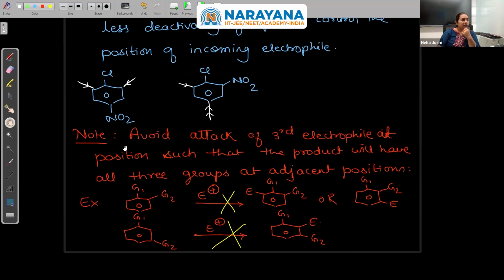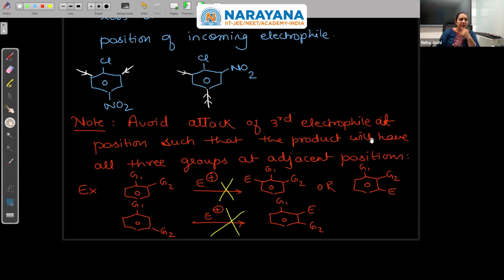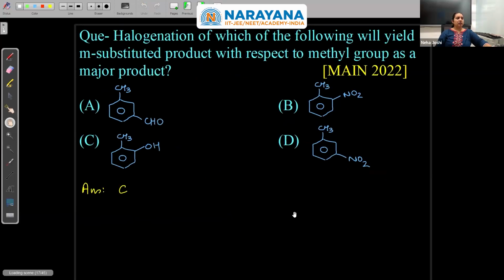Avoid attack of the third electrophile at a position such that the product will have all three groups adjacent. That is what we have already been practicing: if two groups are there and you are introducing a third, don't have a position like this. That is sterically crowded and will not be a major product.